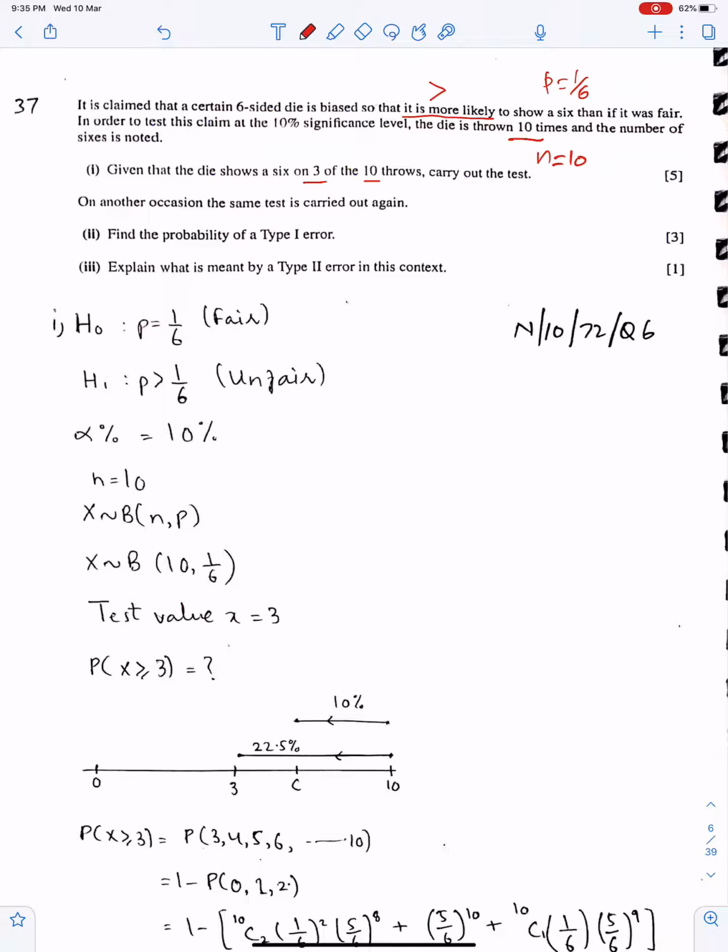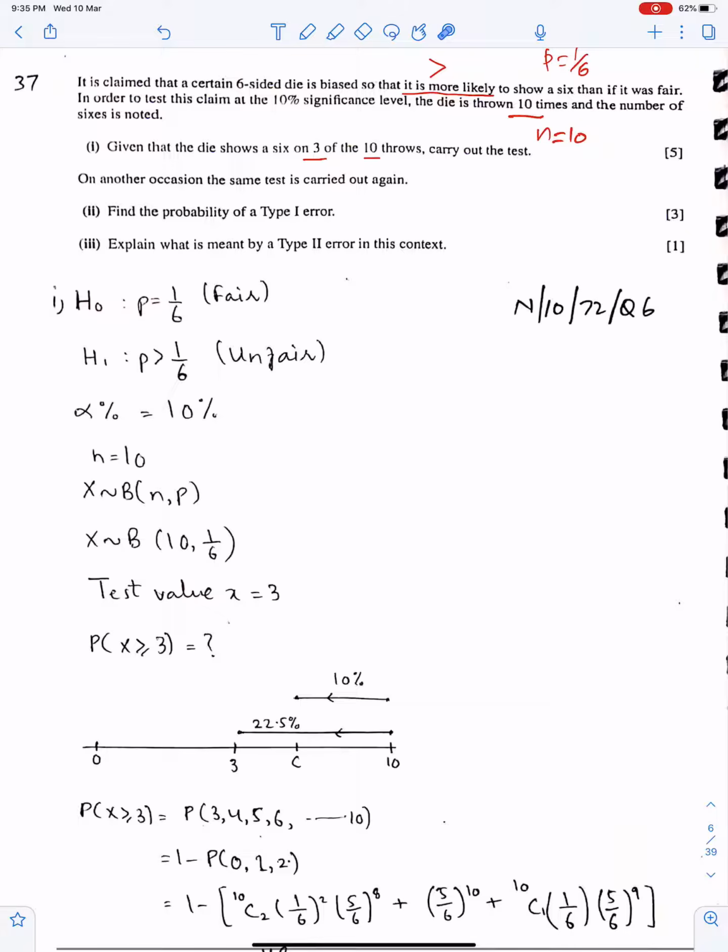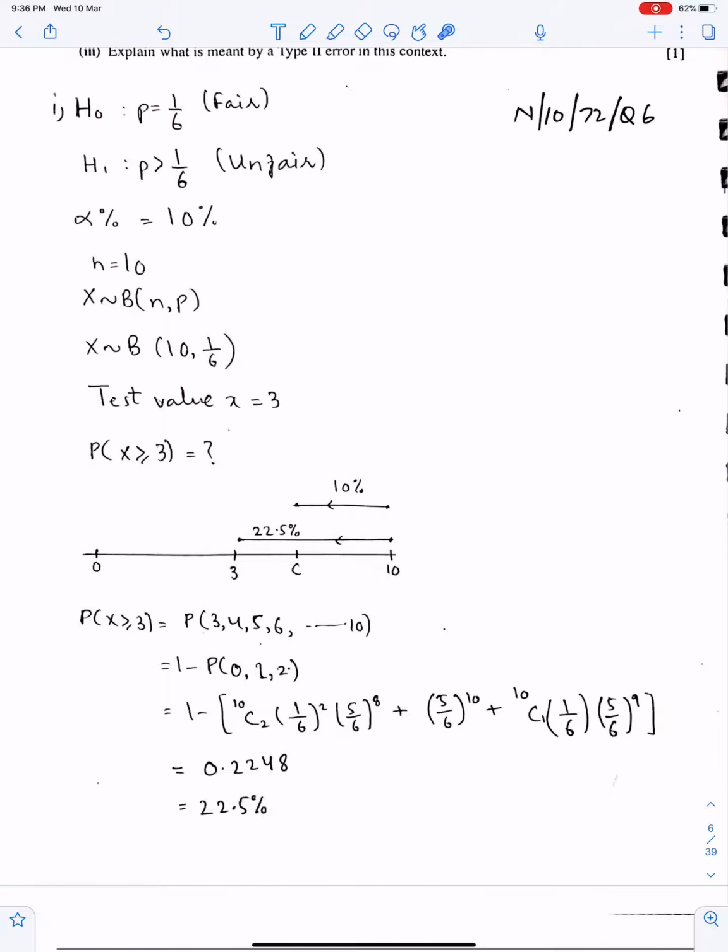Now we have to just check whether this 3 lies in the critical region or not. If this 3 lies in the critical region, we will reject H naught, or vice versa. So we have to find this probability. Since this probability is 22.5%, which is greater than the 10% level of significance, this number does not lie in the critical region.